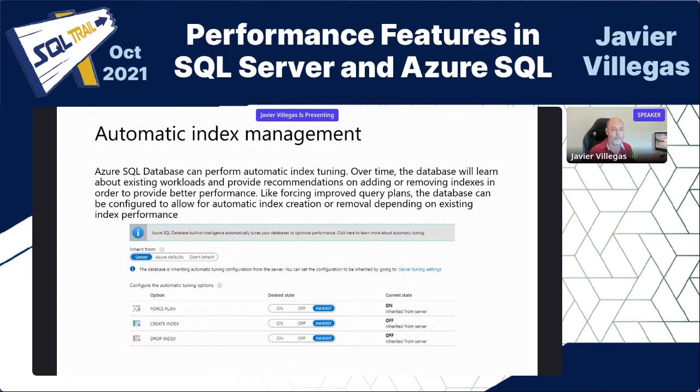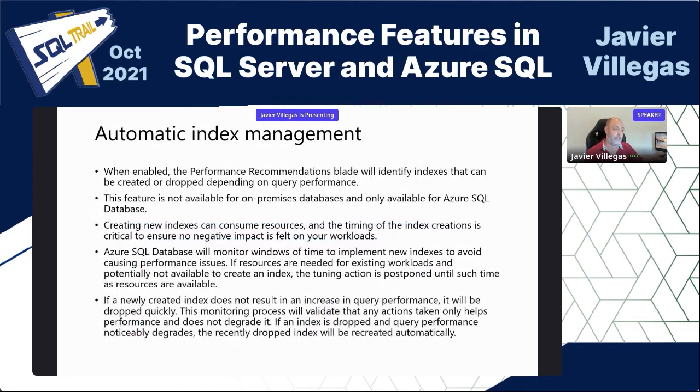And if we enable this option, it's going to create those indexes on the fly. And then when those indexes are no longer needed, it will drop them on the fly. So it is checking whether the workload has a missing index, and if there is one, it will find the right spot in terms of time to create the index. And when it's no longer needed, it's going to drop it, right?